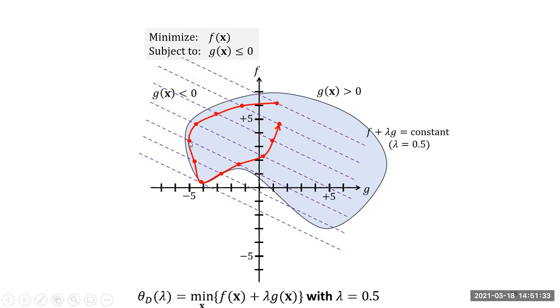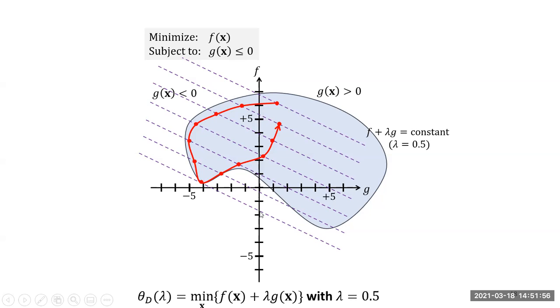But for some value of x, I arrive at this point, and this is the value of the constant, right? And then I come here, this is the value of the constant. And then I come here. This is the lowest point, right?